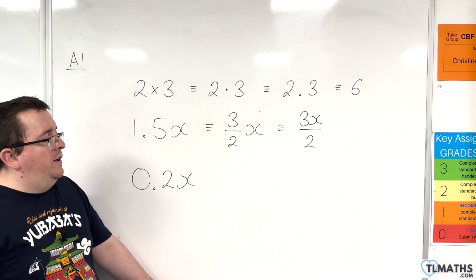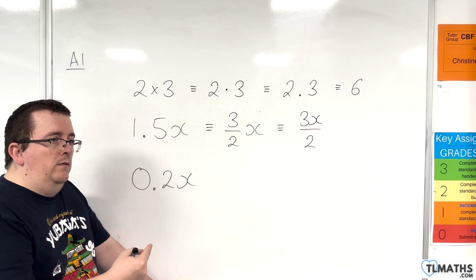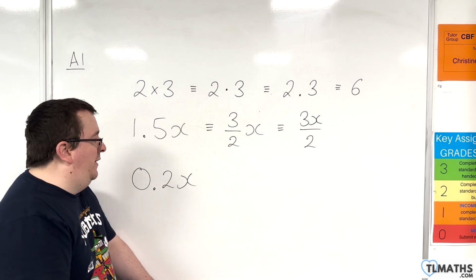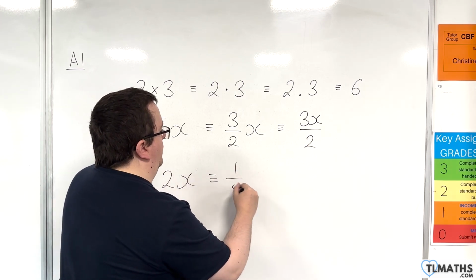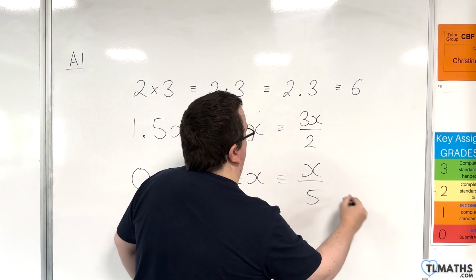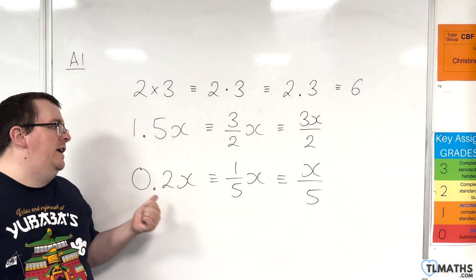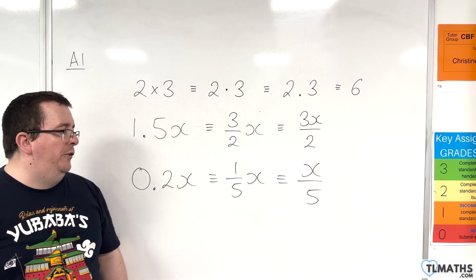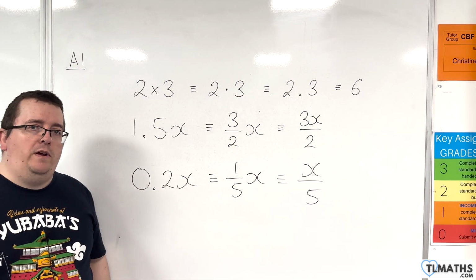So if you've got a scientific calculator, 0.2, press the equals button, it may well convert it automatically into 1/5. And so that is 1/5 x, or x over 5. Okay, so try and use fractions as much as possible when you're working with algebra.